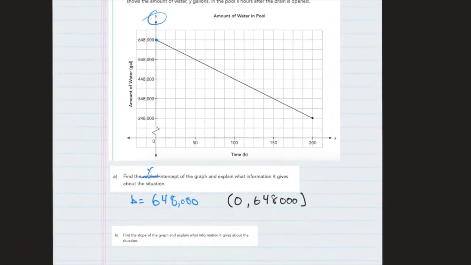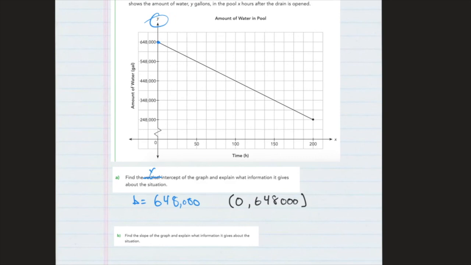So that means at 0 hours, and what's more appropriate to say is at the start, there was 648,000 gallons of water.